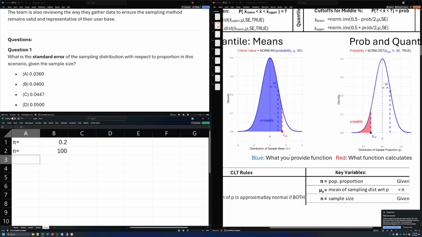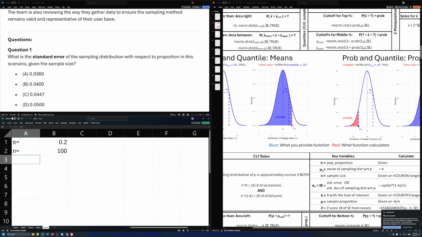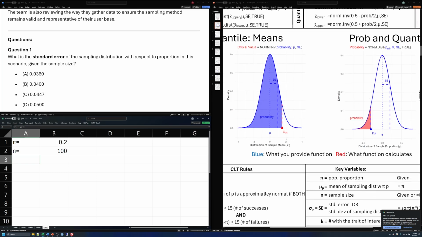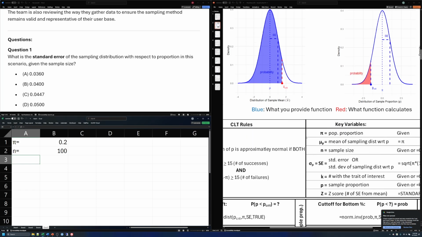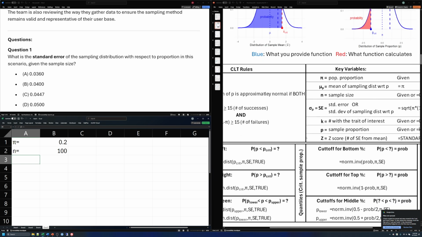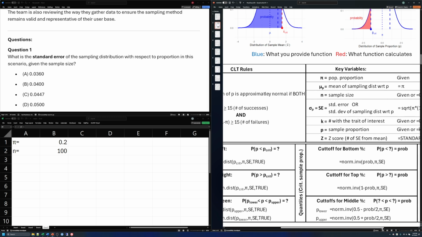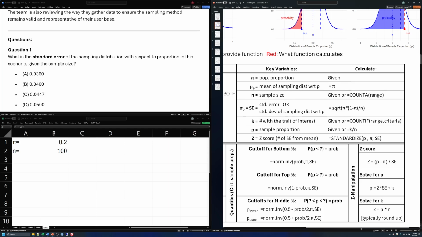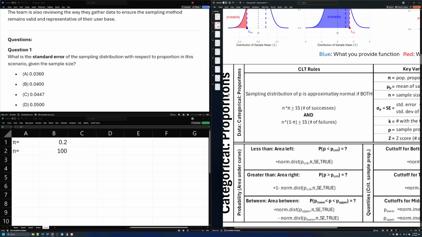Let's scroll on down and go over to some of these key variables in our proportions section. Hold on, let me scroll over. So we've got our key variables, and if I scroll all the way over to the left, you can see that this is for categorical proportions.